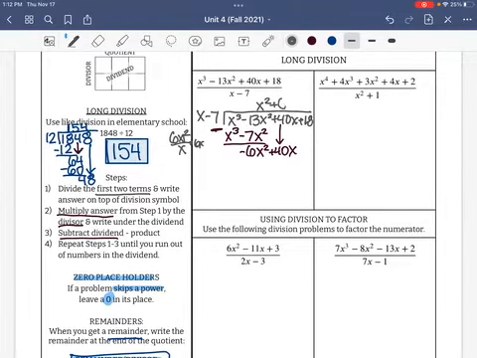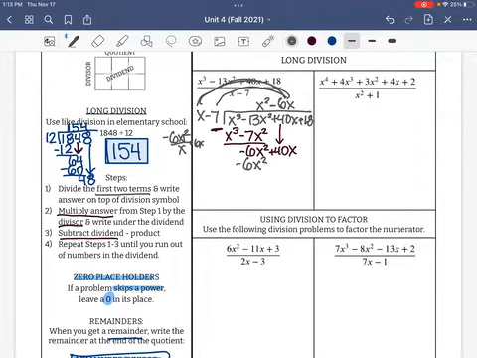So that's what I'm going to write up here. Then you take that 6x and you multiply it times both of those. So 6x times x is 6x squared. Sorry, I missed a negative really quick. Let's go fix that. Right there. -6x squared divided by x is -6x.